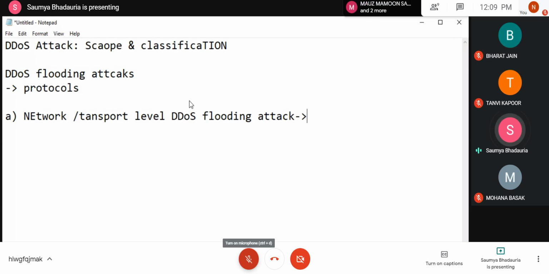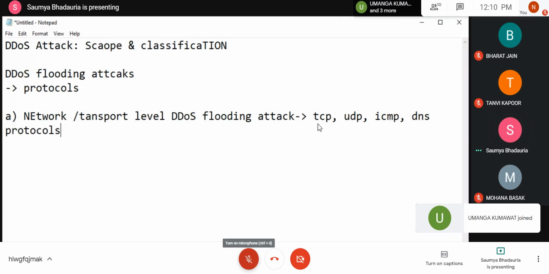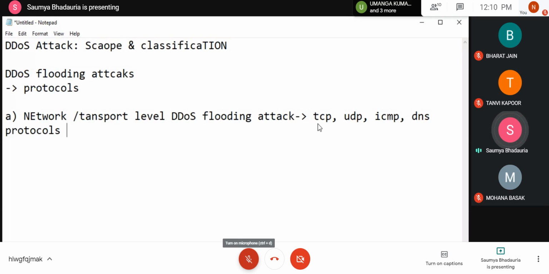So what happens in the network? Usually you are using TCP, UDP, ICMP, and DNS protocols, majorly those protocols which are part of network traffic.